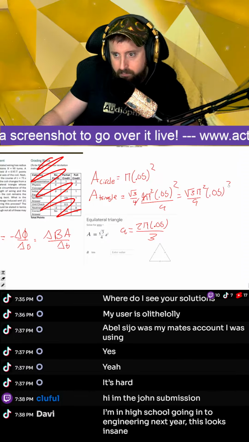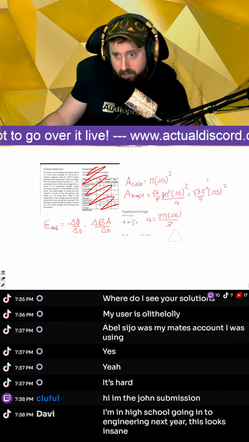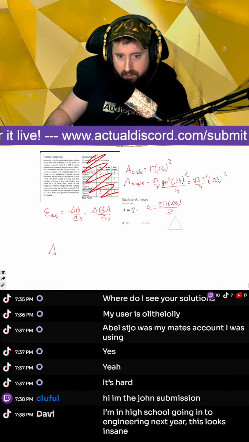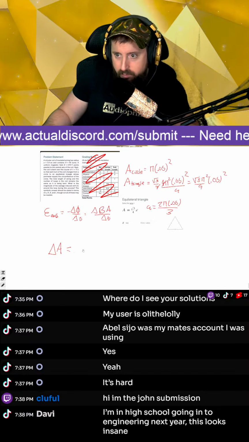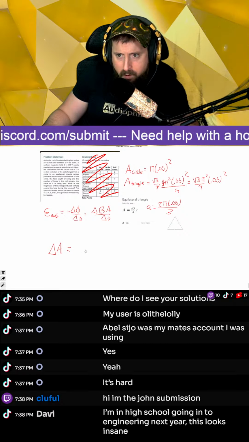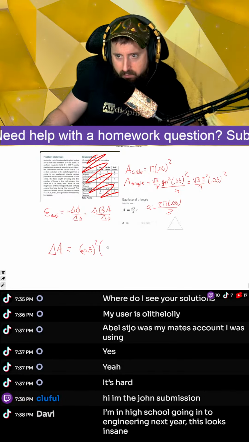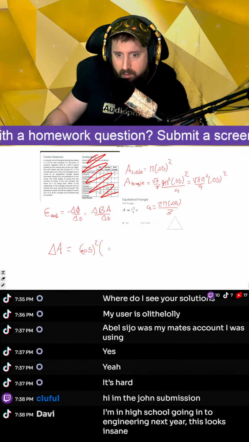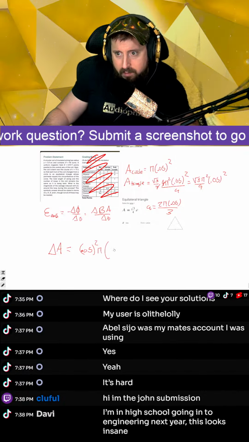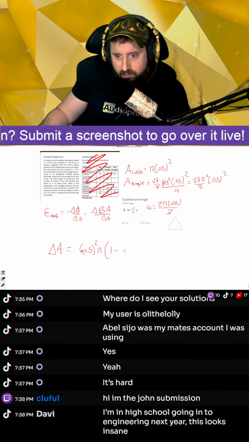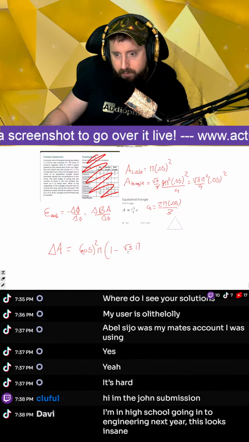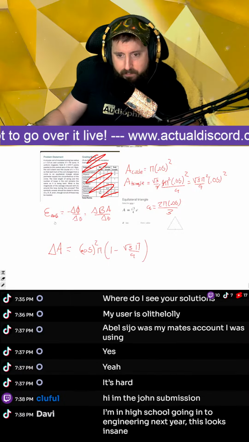Okay, so the change in the area, delta A, is going to equal 0.05 squared pi times 1 minus the square root of 3 pi over 9. Okay, that's the change in the area.